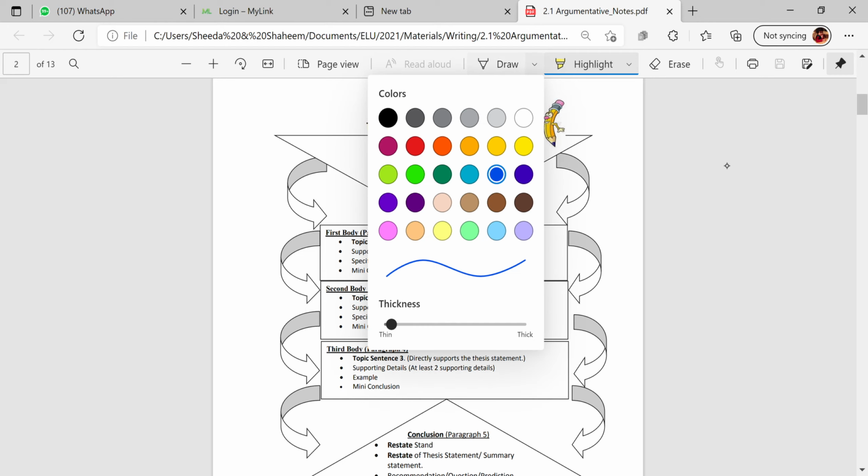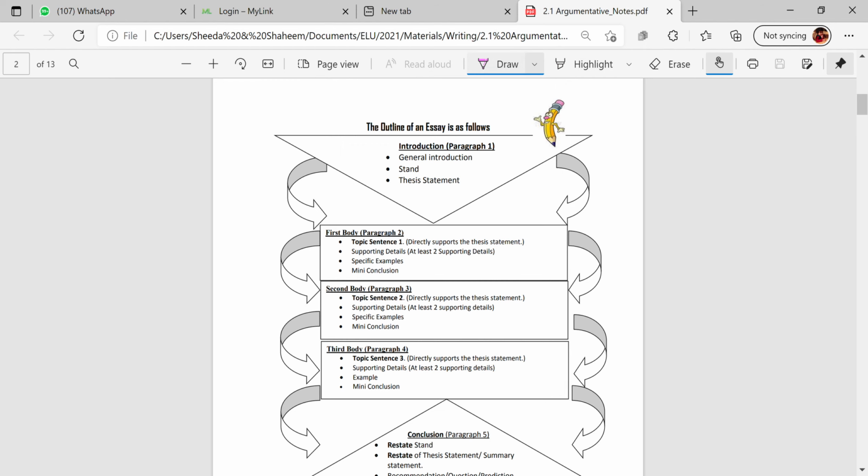Now, come back to the basics. In terms of an introductory paragraph, you need to have, let me go through this again, a clear general introduction.